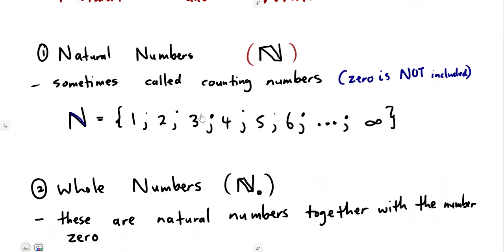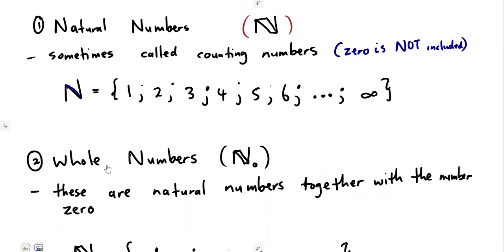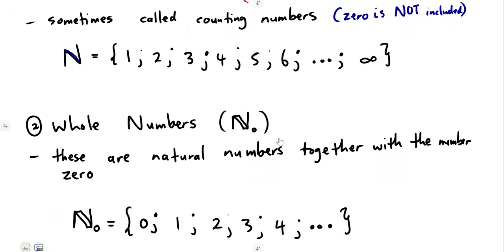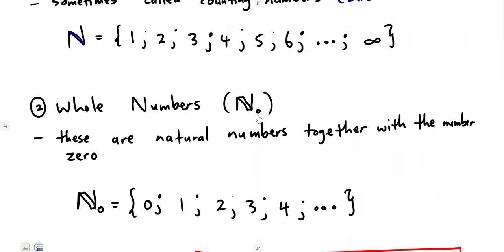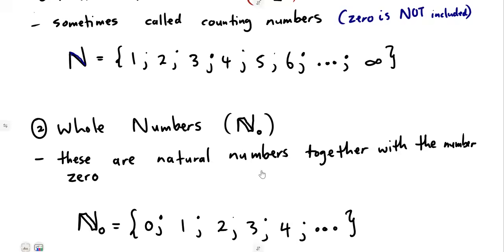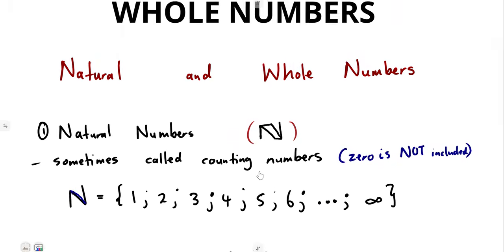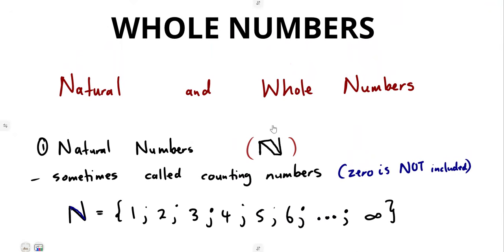Know what are natural numbers. The difference between natural and whole numbers is that in natural numbers we do not have a zero. Zero is not included. In whole numbers, zero is included. That is it. So if you can understand this, guys, you are done. So please do revise. From now onwards, do revise.